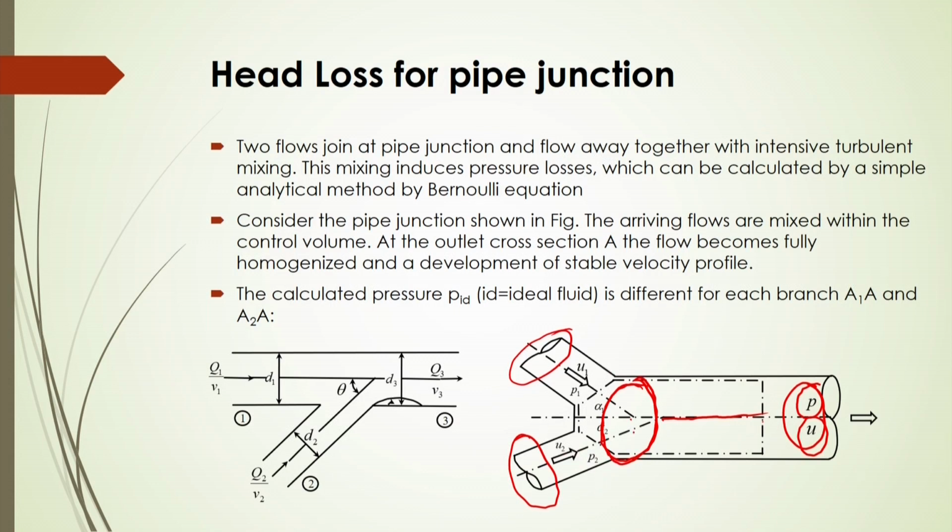So we have these velocities and pressures in the inlet pipes, and in the outlet pipe the velocity is u and the pressure is P.